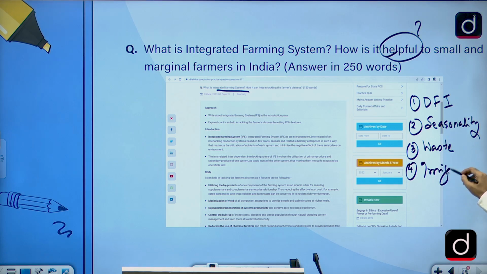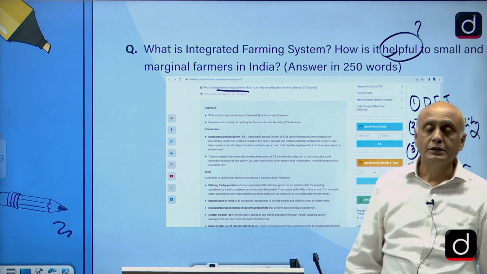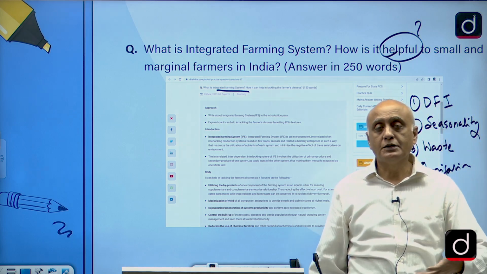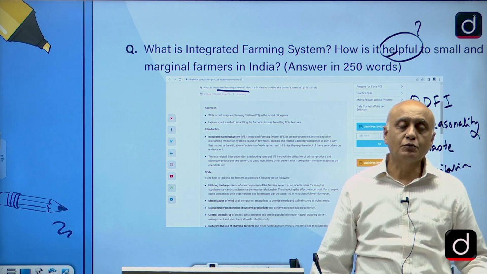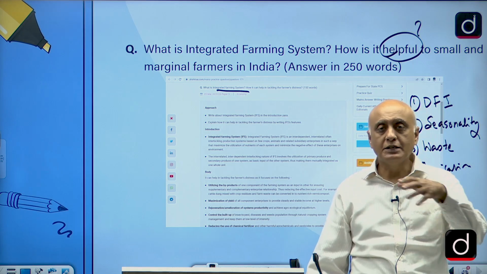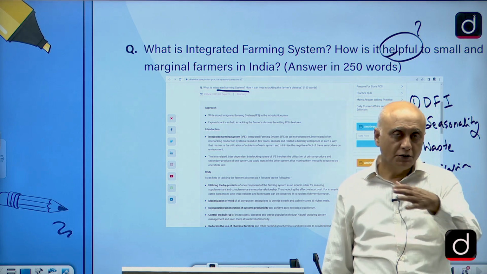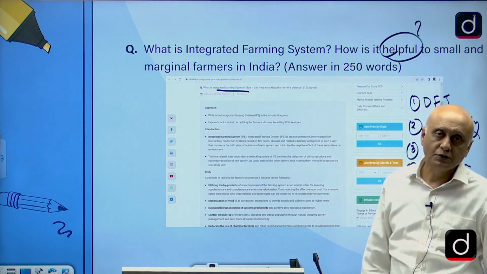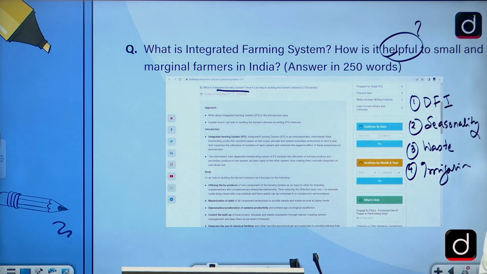Irrigation also is another area on which the farmers are dependent. When farmers are dependent on just monsoons, it's a big problem. But when you are creating an integrated setup, then you are less dependent on the monsoon. This is another big area where farmers have problems in off season and on season management.